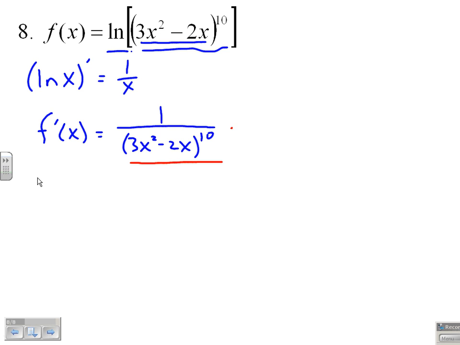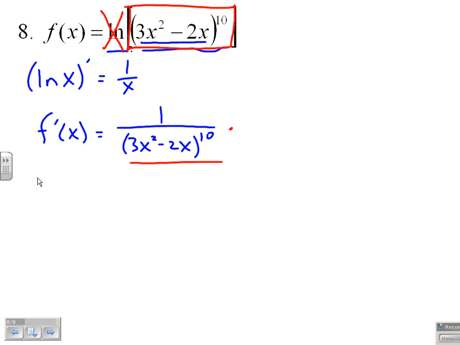I still have to take that times my inside derivative, but I have peeled away ln, and I'm now finding the derivative of this guy, which is still a chain, but it's a chain now that's very clear to me. I've got an outside function, x to the 10th, an inside function, 3x squared minus 2x.